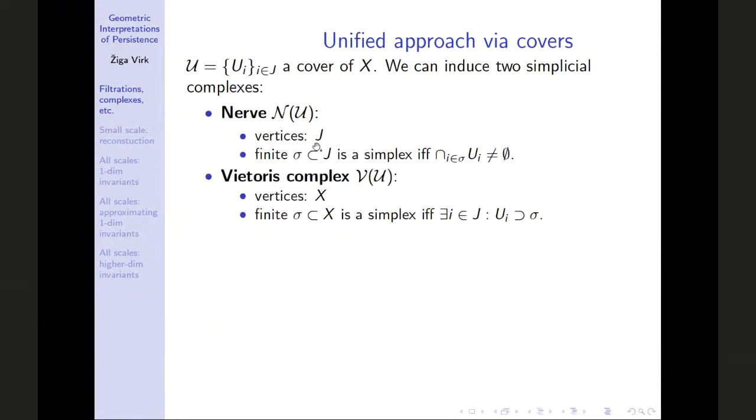So vertices are elements of the cover, and non-empty intersections give us simplices. And the other one is the Vietoris complex. The vertices of this complex are just the points of our space, and simplices are those finite subsets that are contained in some element of the cover.